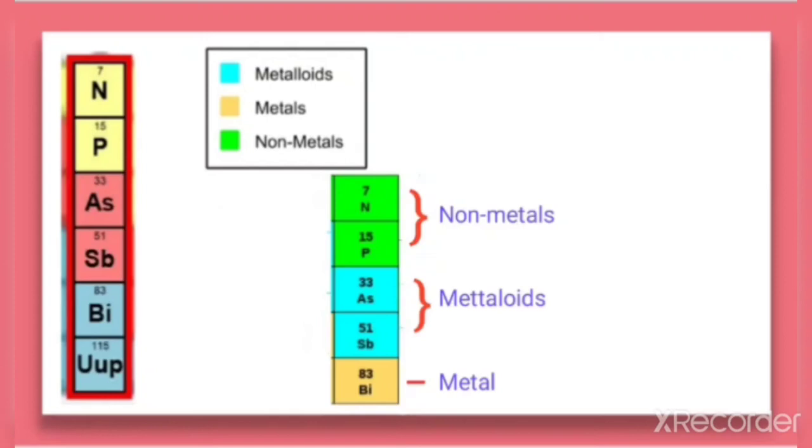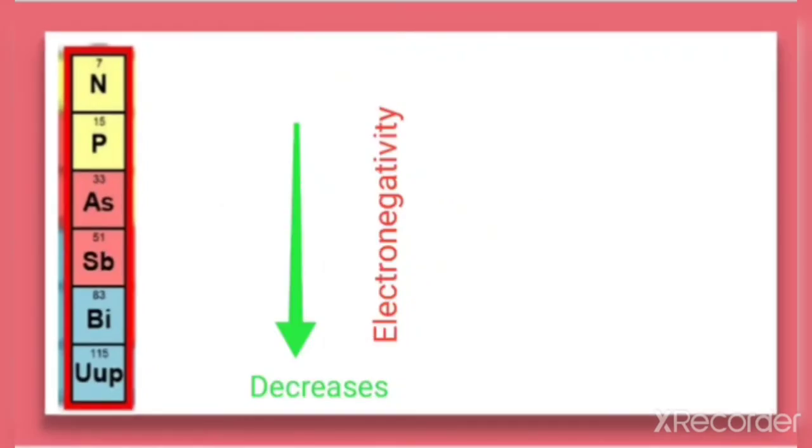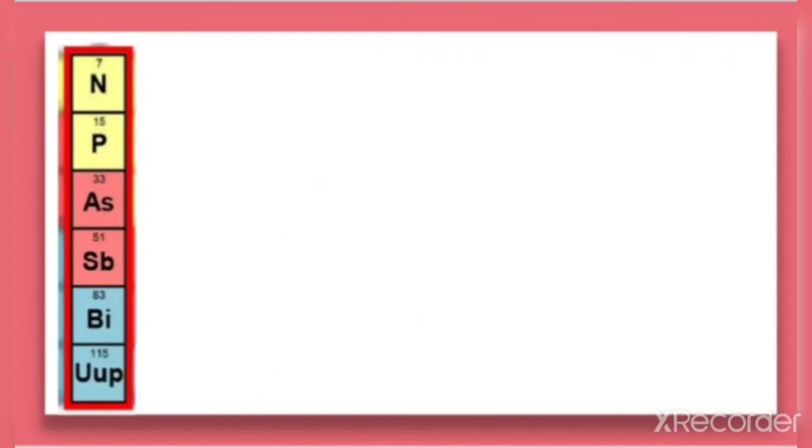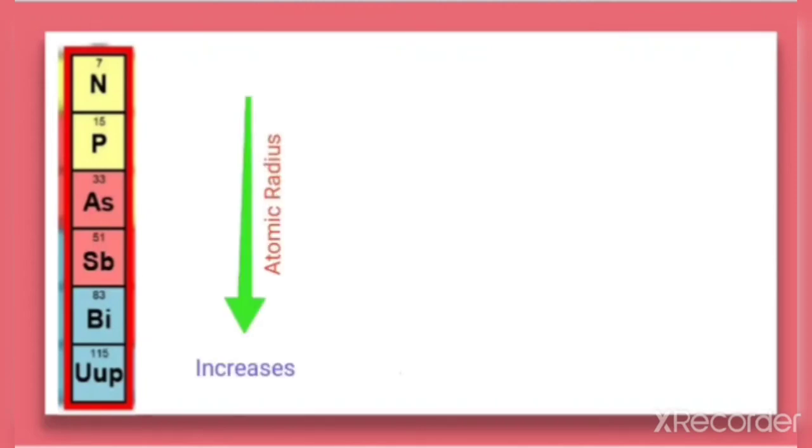When we talk about electronegativity, as the metallic character increases down the group, therefore electronegativity decreases down the group. So let us conclude these properties for the group 15 elements nitrogen, phosphorus, arsenic, antimony, bismuth. Let us compare the general properties, that is atomic size.